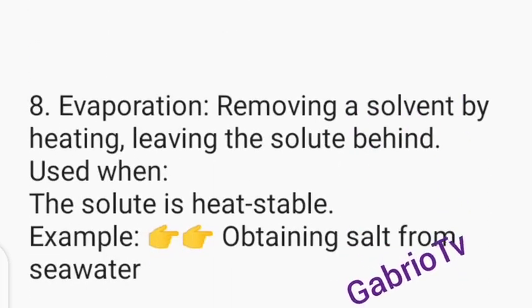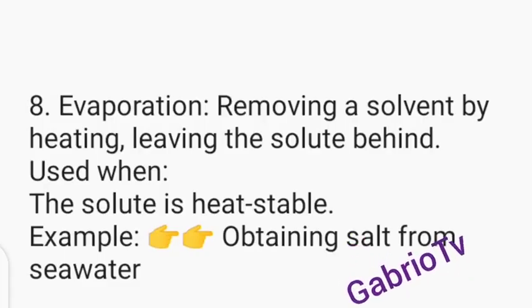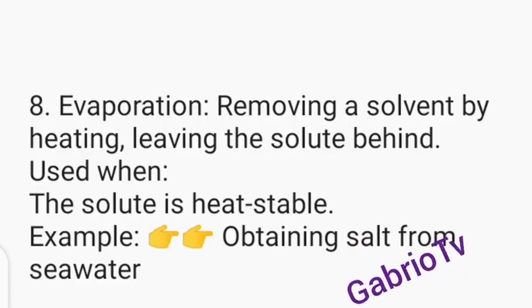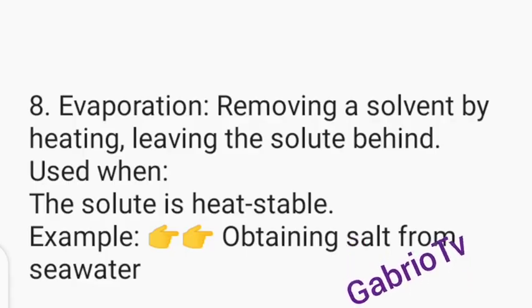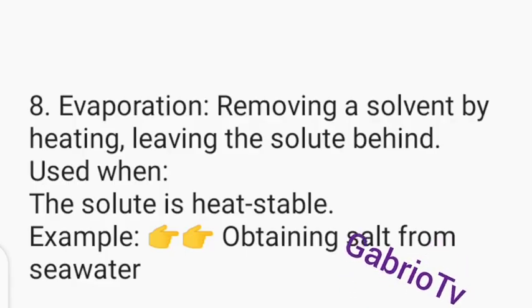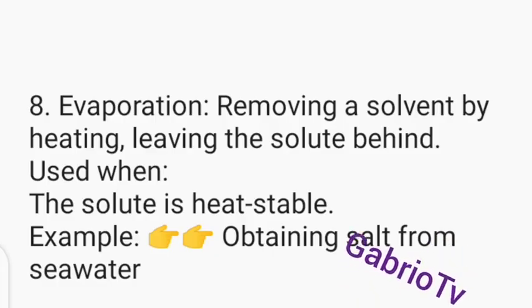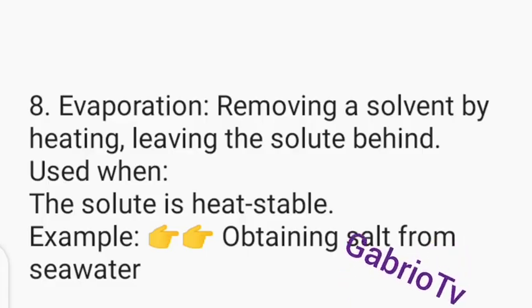Also, we look at evaporation. That is a method used to remove a solvent by heating, leaving the solid behind. So when you heat a solute, heating to dryness, for example, when you evaporate to dryness, the water leaves the pot or the glassware, and what remains are the crystals of the salt.